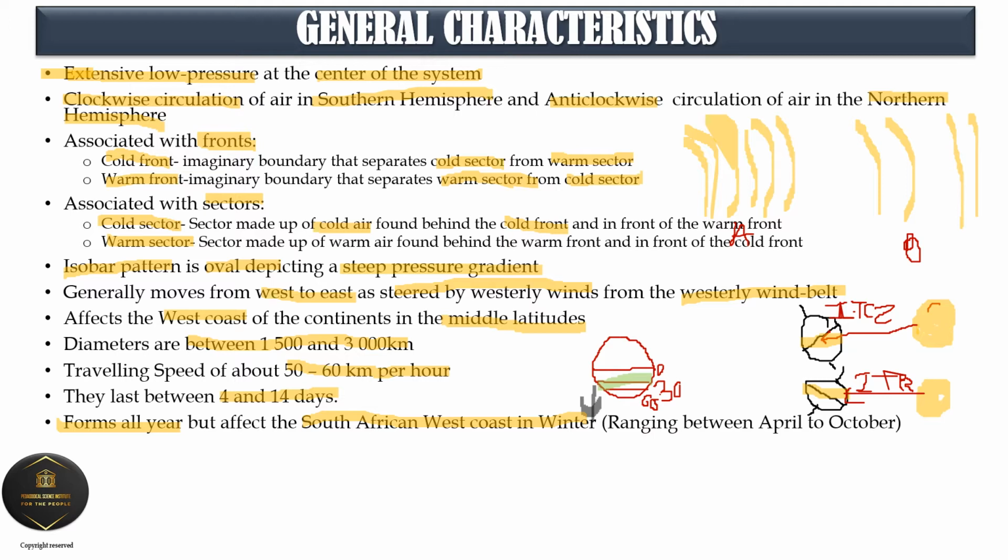Remember, you would have answered in that question that the system will be affecting the west coast of South Africa in winter only. So about that. Now, you will then be expected in that question to clearly detail why, even though the system forms throughout the year, it only affects us in winter.